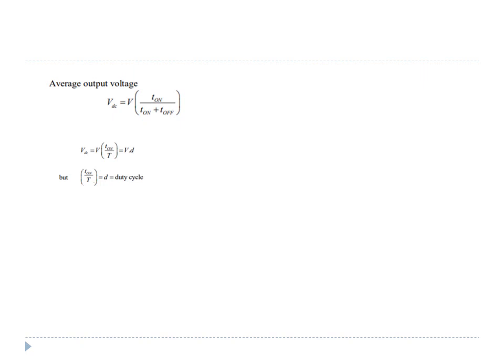So we write T on upon the total time period, which is the sum of T on and T off, as capital T, and we substitute T on upon T as the duty cycle. Since it is a simple resistive load circuit, we know that if we know the voltage, current can be derived as V upon R. So VDC we have already derived as V into D. So current is V into D upon R, where D is the duty cycle.